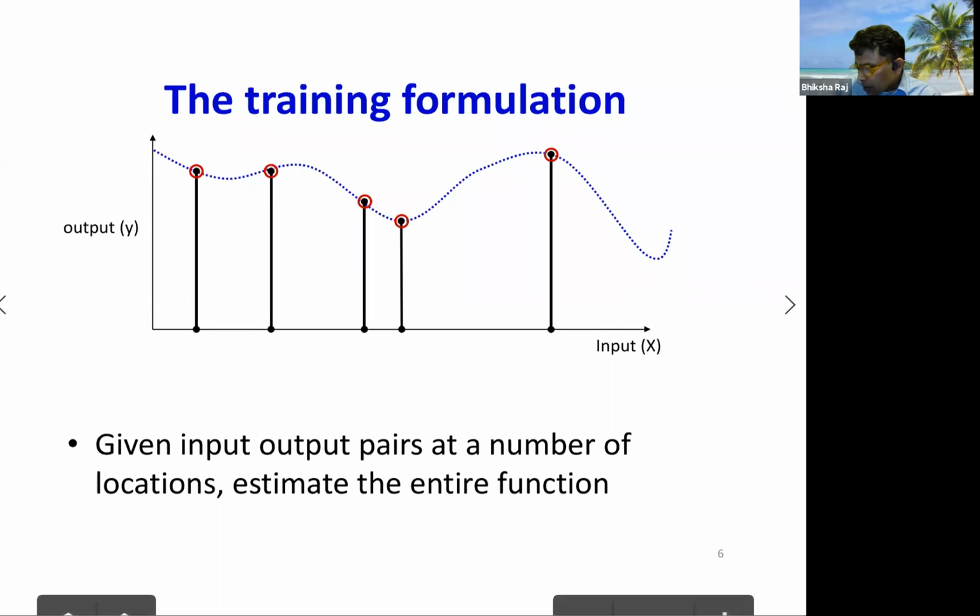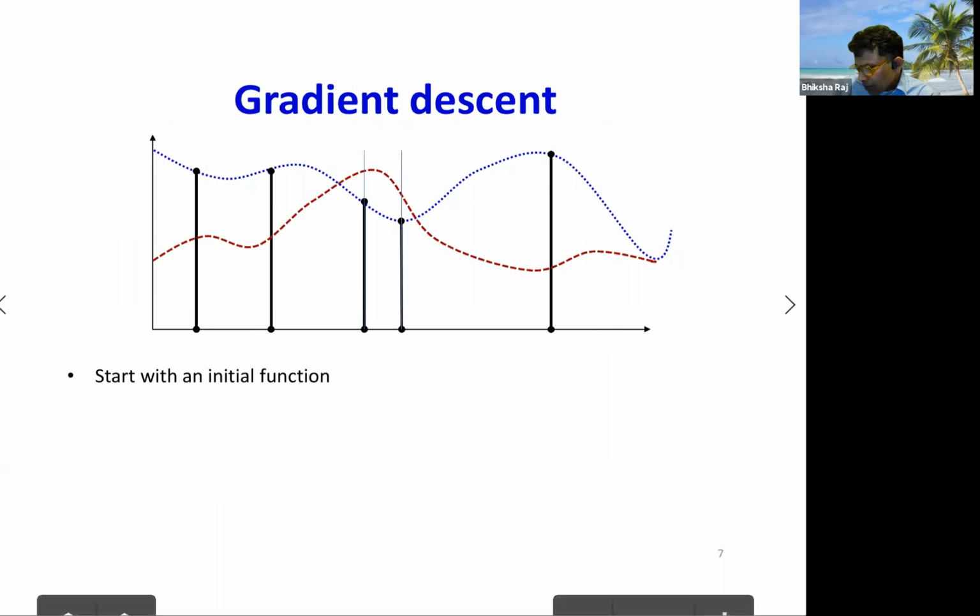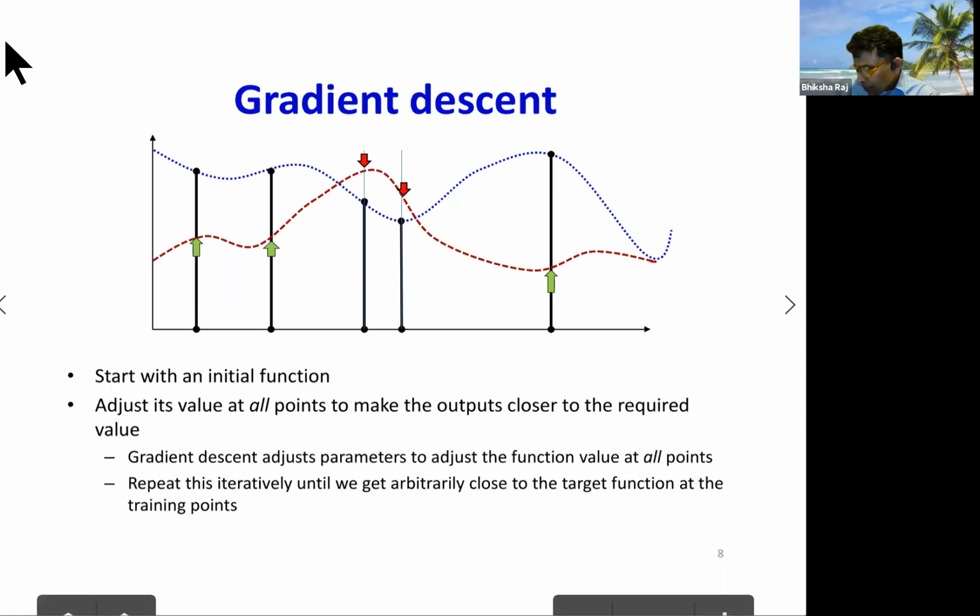And to learn this input-output relationship, we use gradient descent. The way we do it, we initialize our network, which gives us an initial function, like this red dotted line. And then the gradient descent update adjusts the network parameters to reduce the average error over all of the training points, over which we compute our loss.